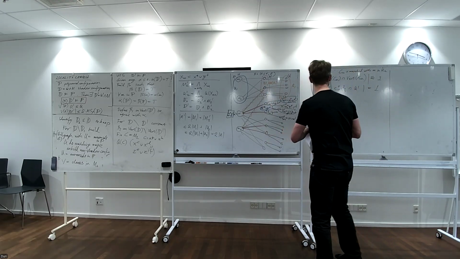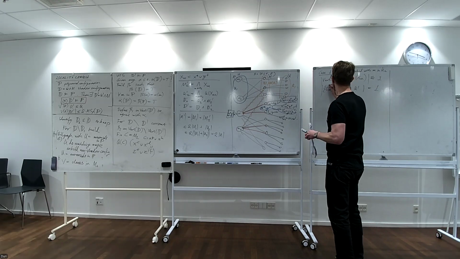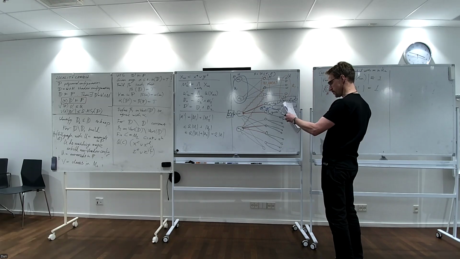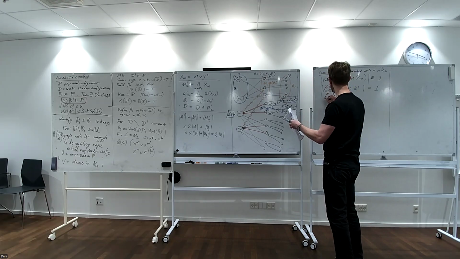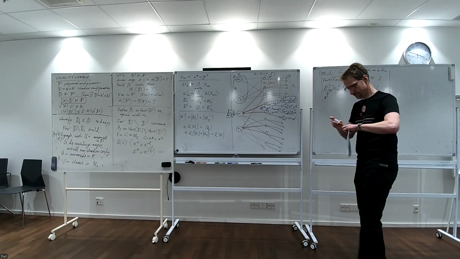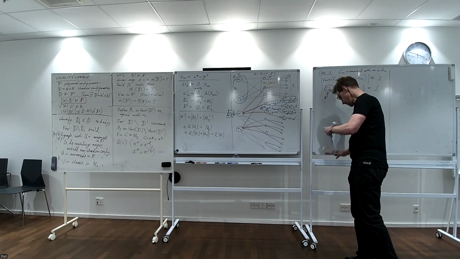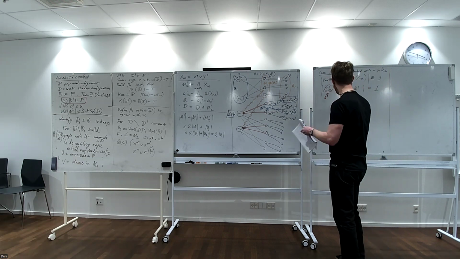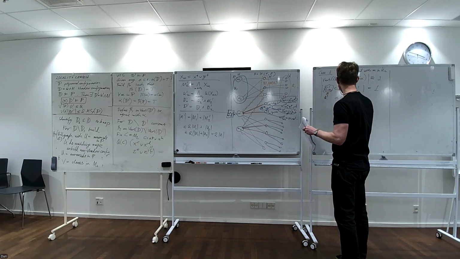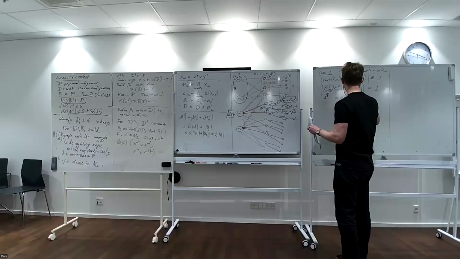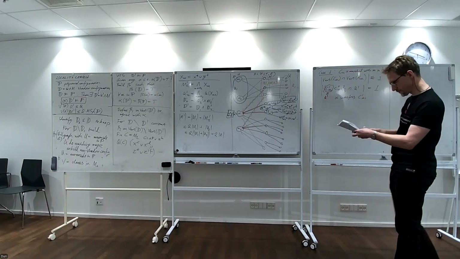Suppose that this guy is in Q prime. Then what do I know? I know that alpha satisfies C prime M, so I'm not going to mess with that.